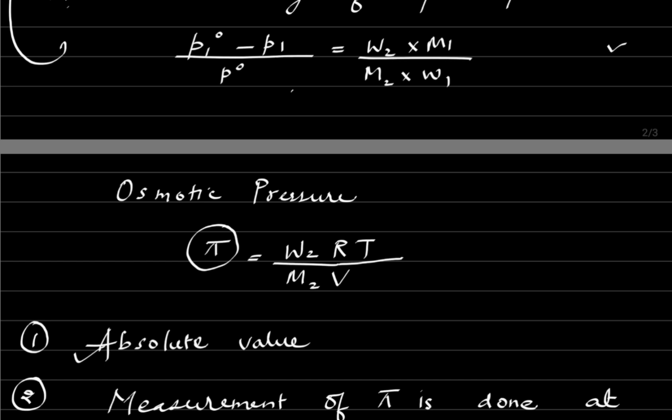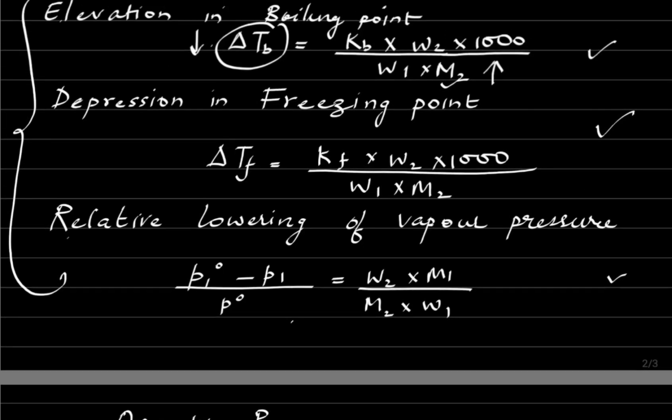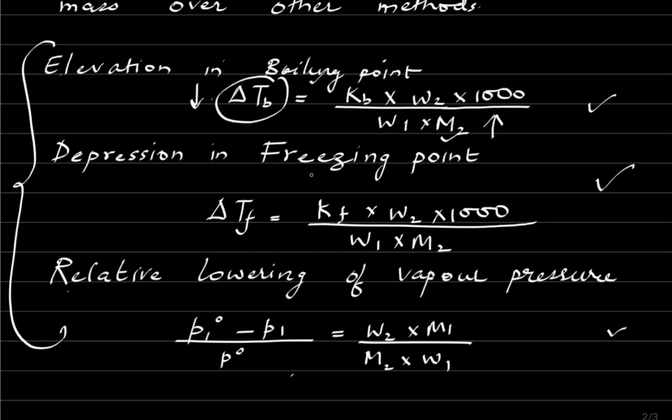The next main advantage is that measurement of osmotic pressure takes place at room temperature. Which is beneficial, especially if you have biomolecules, because biomolecules are temperature sensitive. If you use a property which makes the measurement at a very high temperature or at a very low temperature, biomolecules may get denatured or may get inactive.